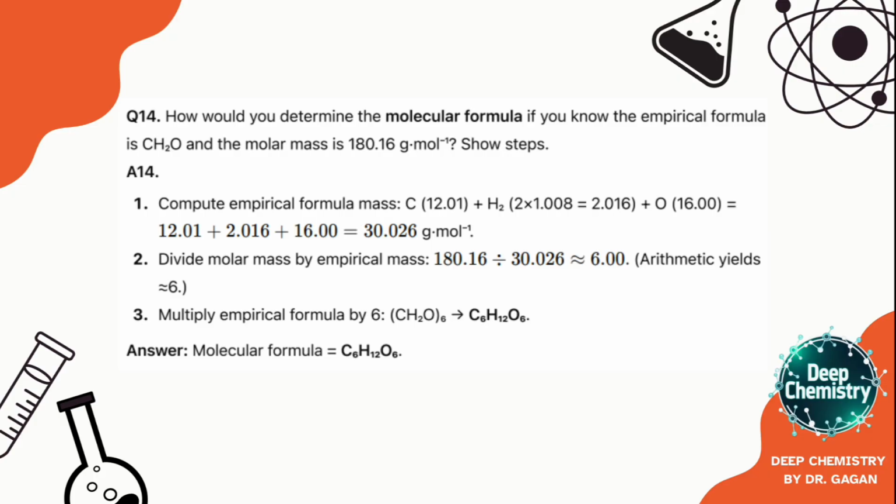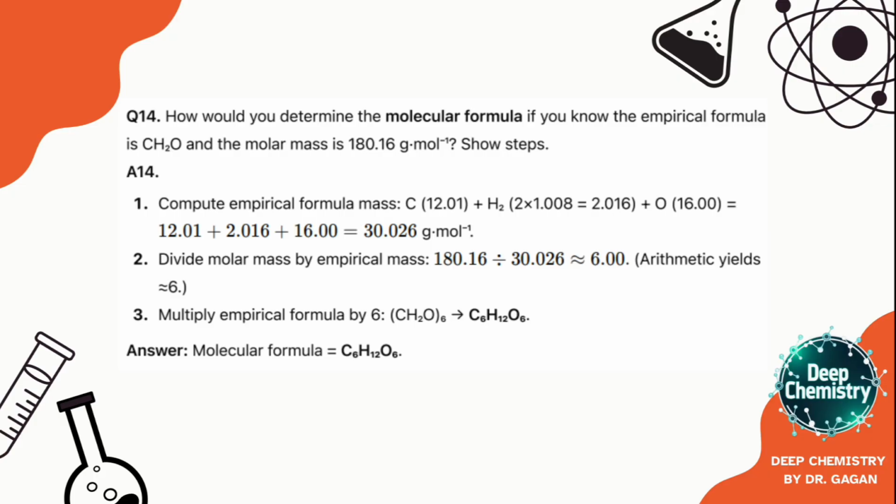Now divide the molar mass by the empirical mass. So we have 180.16 divided by 30.03, that is equal to 6. So multiply the subscripts by 6, we get C6H12O6. So the molecular formula is that of glucose.